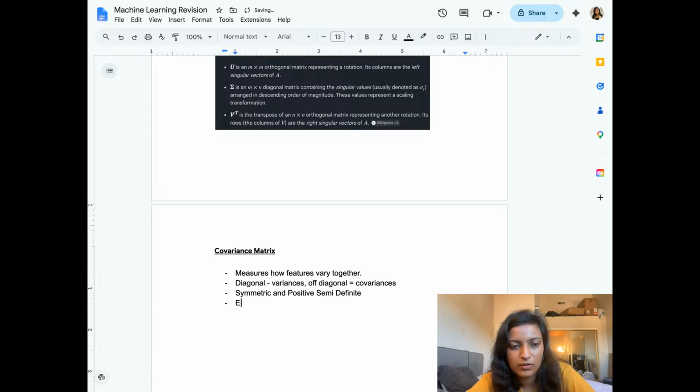So eigenvector decomposition of the covariance matrix gives us PCA directions.